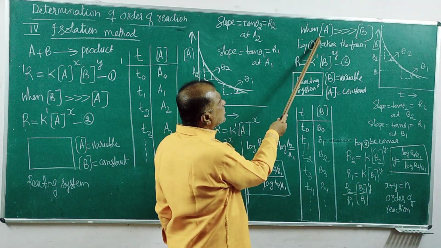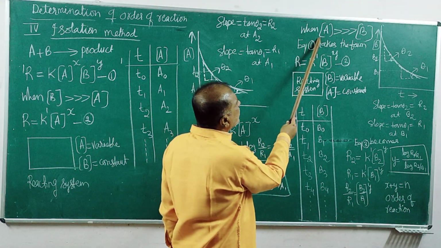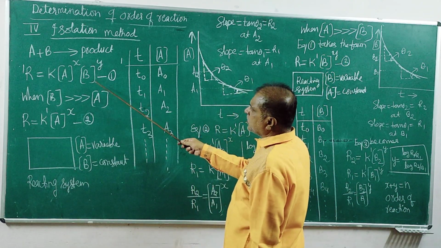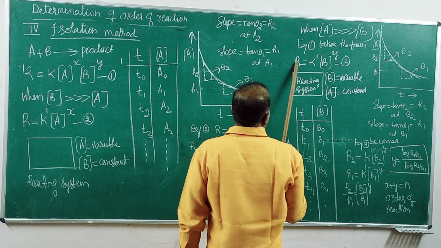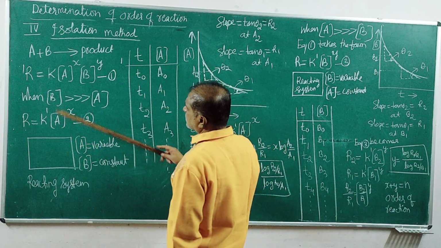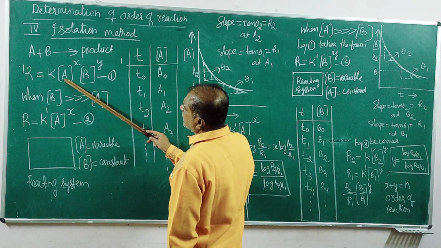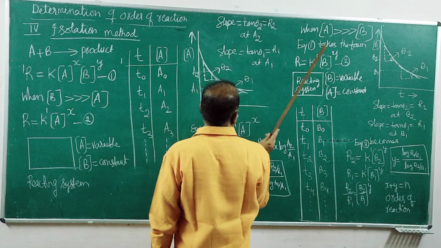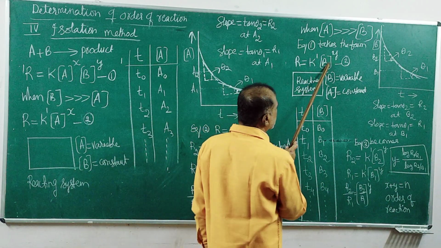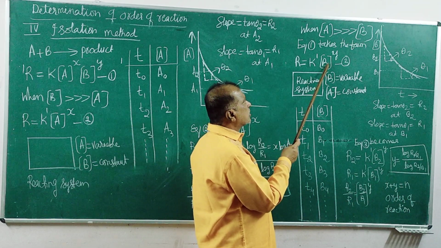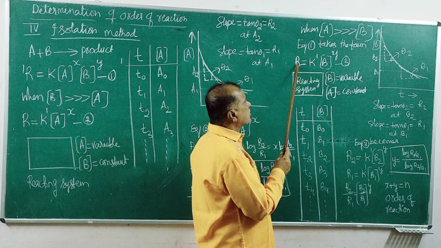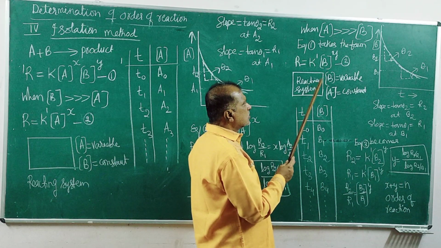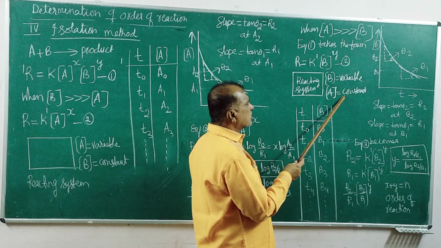When the concentration of A is very high compared to B, equation 1 takes this form: A is very high, so it becomes constant, and constant into constant is a constant. Under this condition, the rate of the reaction is a function of the concentration of B only, so there is the variable and the constant.